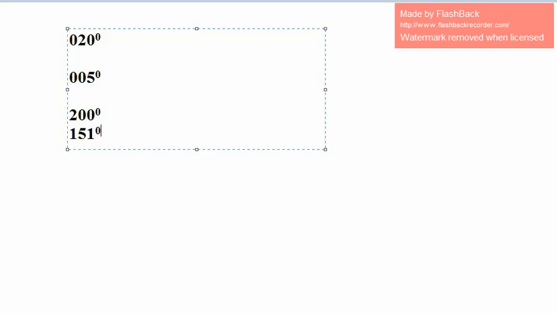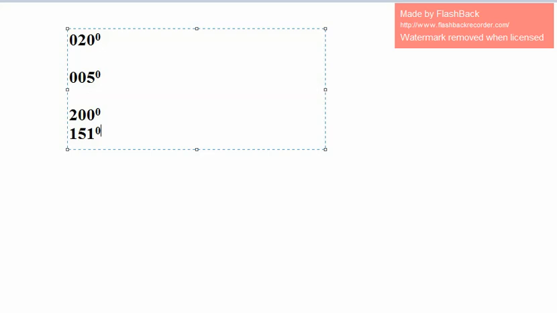In three-figure bearing, angles are represented using three digits. So an angle which is less than 10 will always be preceded with two zeros.